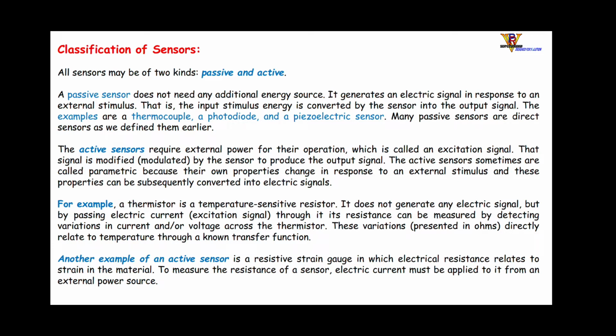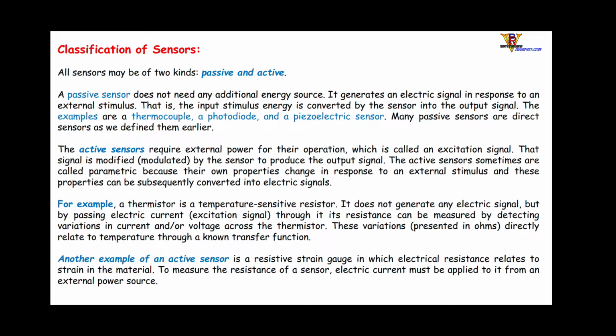In previous lectures we studied what a sensor is, what sensor technology is, the major differences between transducers and sensors, why we need sensors, what direct and indirect sensors are, what principle we can use for sensing, and why semiconductor materials are important for sensing purposes. So in this video we will study the classification of sensors.